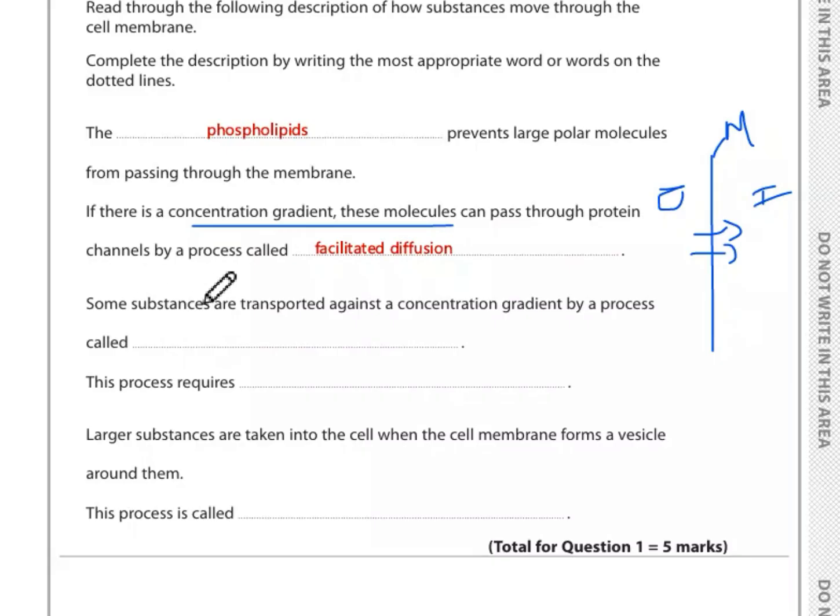Some substances are transported against a concentration gradient by a process called, when some substances are needed inside the cell, but the concentration of it outside the cell is lower, but it still has to enter the cell. For that process we require energy, which is known as ATP. It requires energy, and that is known as active transport.